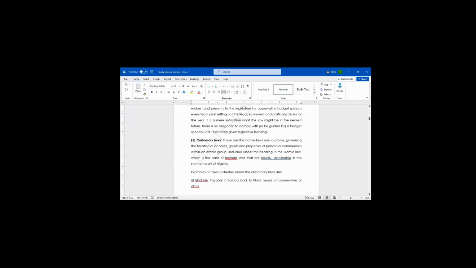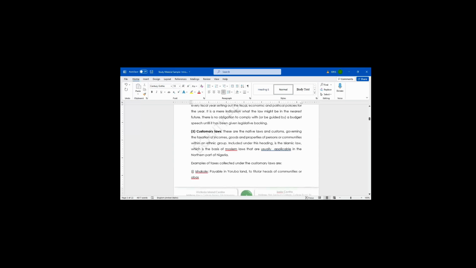Before the emergence of religion in Nigeria, the traditional worship and the traditional rulers too mentioned the issue of tax. In the Southwest, they call it Ishakole. Our traditional rulers have been collecting tax before we had the modern tax system that we are using now.